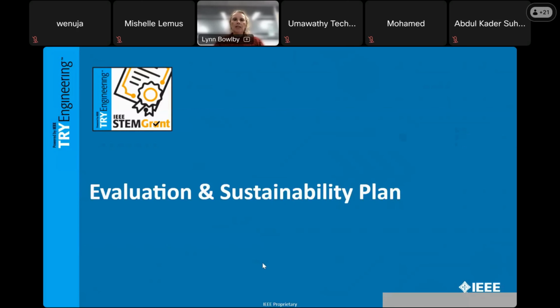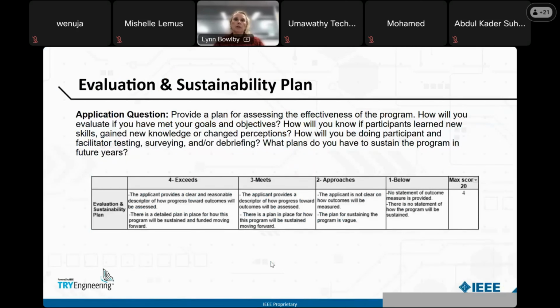So the last piece of the criteria in the rubric is the evaluation and sustainability plan. And this is really, really important for you to have as part of your program and for you to share with us, because there really is no reason to conduct an event unless you're looking to provide us some data on the success of the event and also how you plan to sustain it going forward.